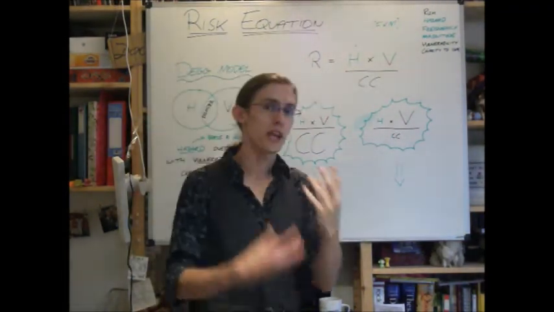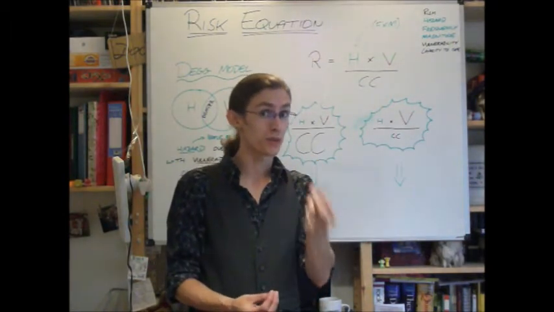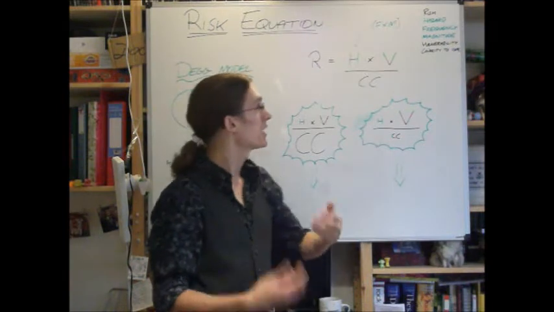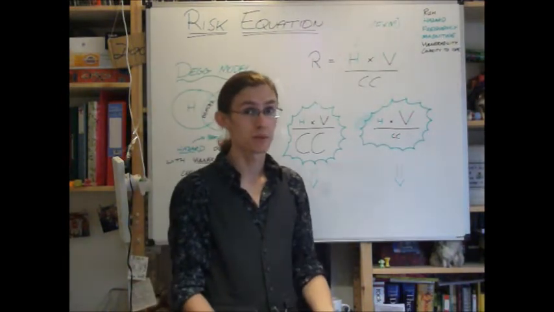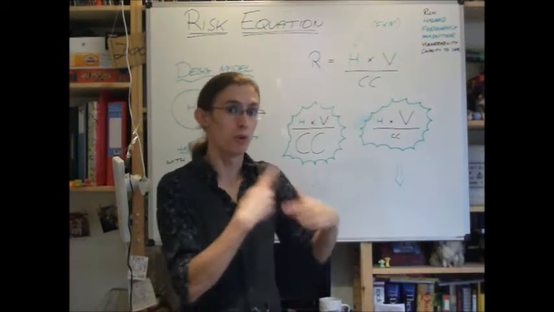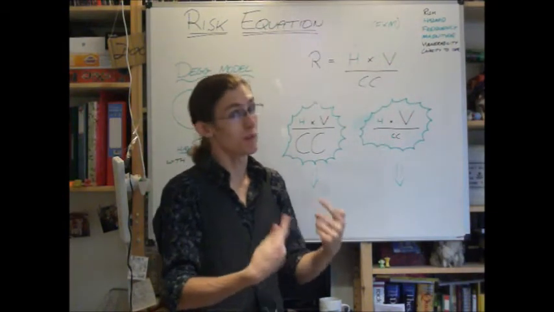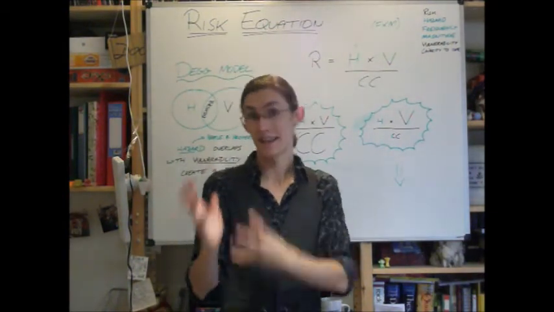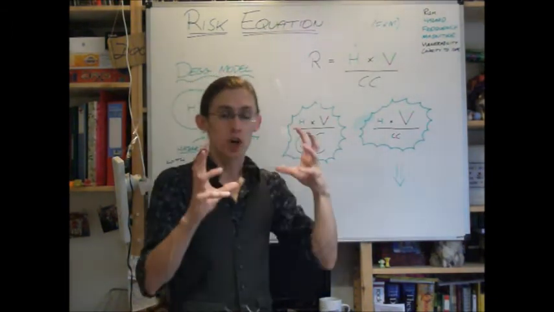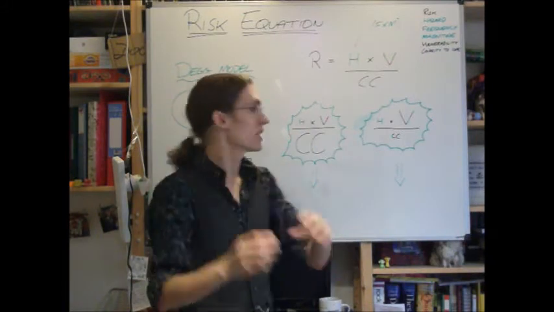The hazard itself can be broken down a bit further into both frequency and magnitude. Frequency, how often these things occur. Magnitude, how big they are. So if you've got lots of small hazards, it might not actually be as bad as one massive hazard.